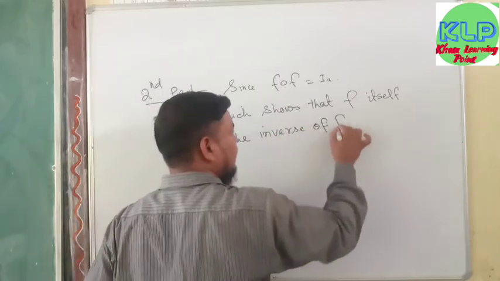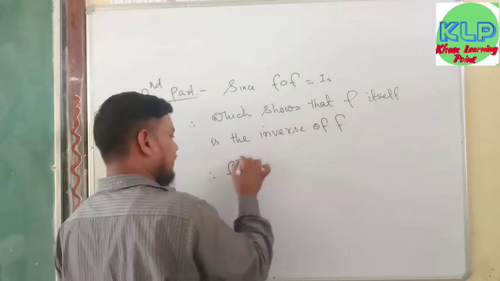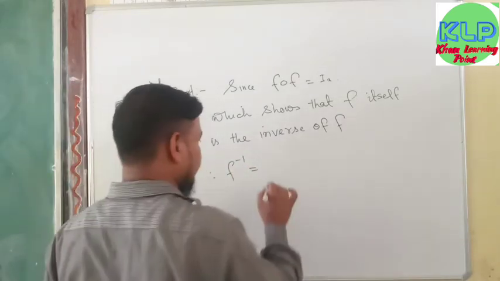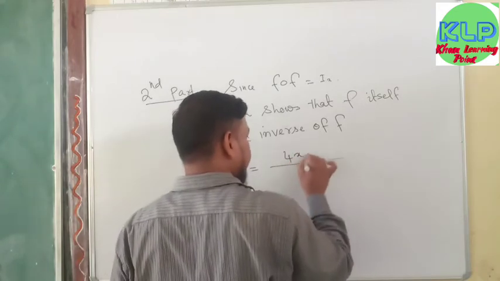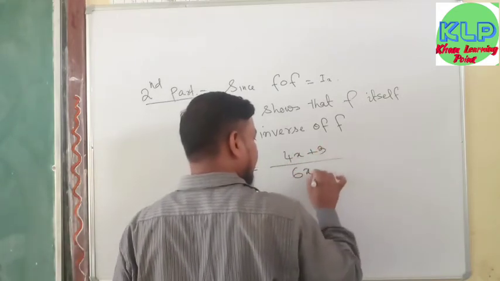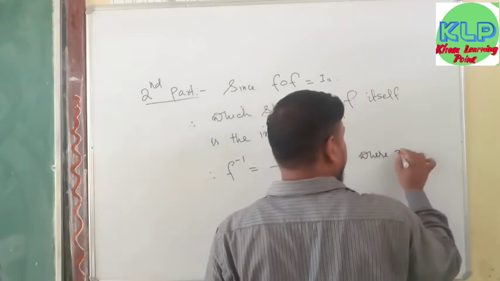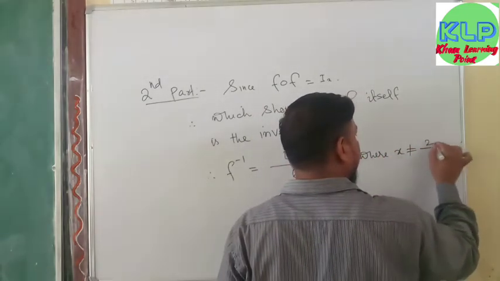Inverse of f, that is f inverse is equal to 4x plus 3 divided by 6x minus 4, where x is not equal to 2 by 3.